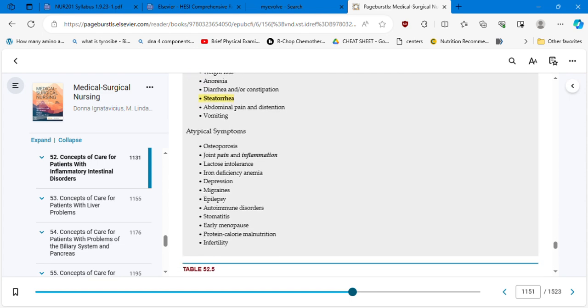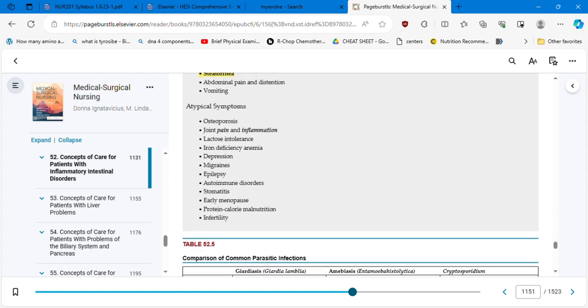Atypical symptoms: osteoporosis, joint pain and inflammation, lactose intolerance, iron deficiency anemia, because of the malabsorption of nutrients, the iron, depression, migraines, epilepsy. The abdominal area is considered the second brain in the body.